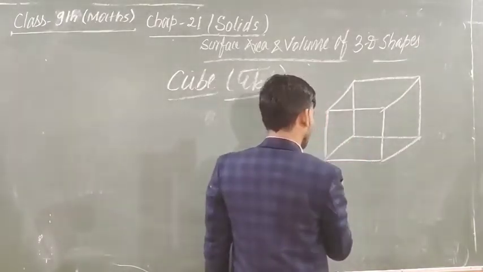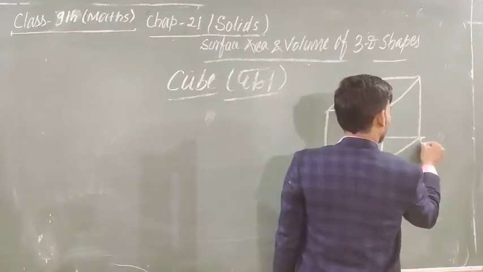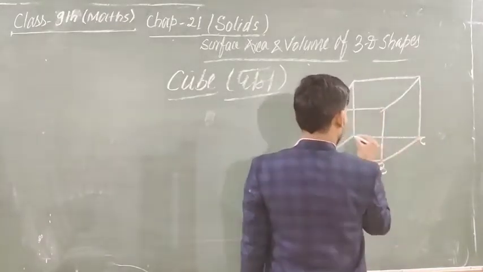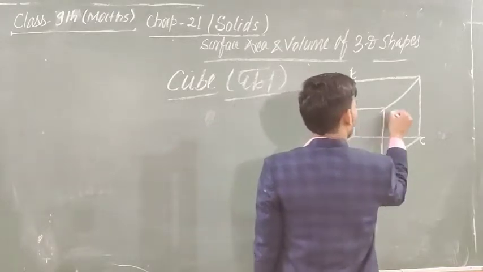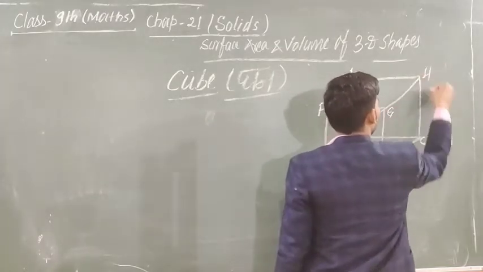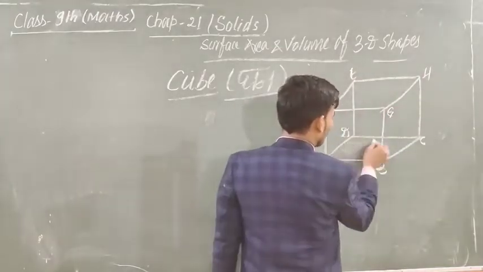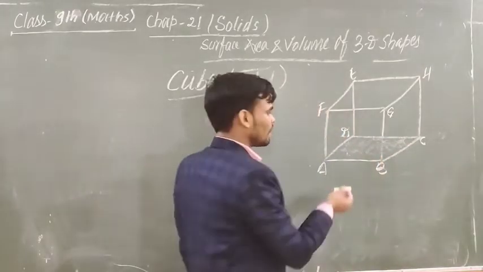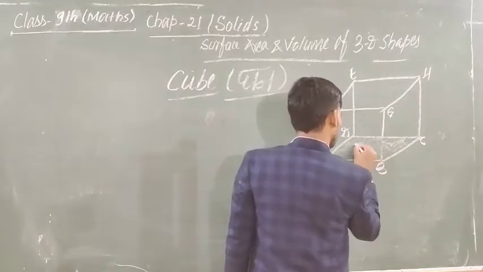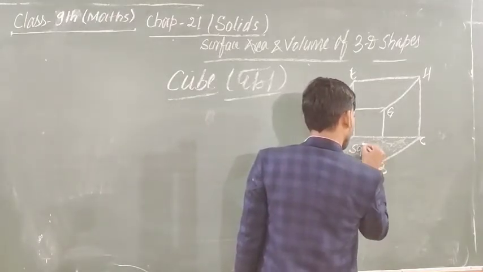Try to name it A, B, C, D, E, F, G, H. And this is the base of the cube. If this is the cube, then its cross section will be in the shape of a square.